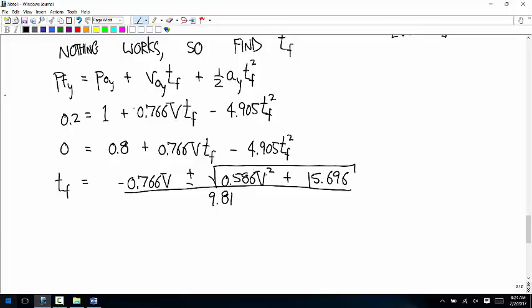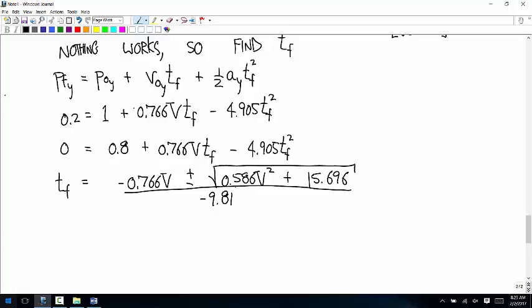Okay, and this term is going to be positive. So this is a negative 9.81, and we need to have a positive time.